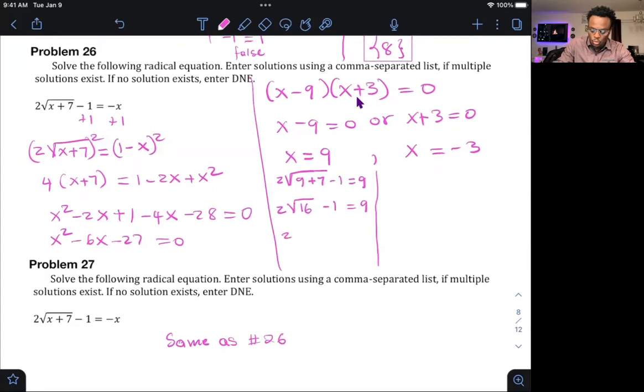So that's 2 times 4, since the square root of 16 is 4, minus 1 equals 9. 8 minus 1, that's 7, equals 9, that is false. So x equals 9 is rejected.